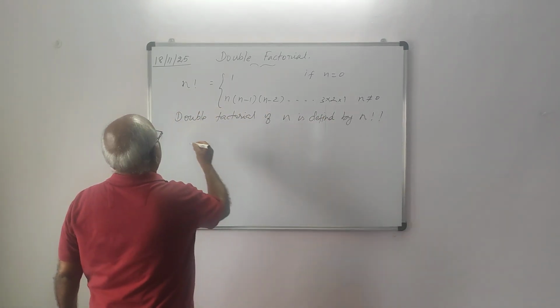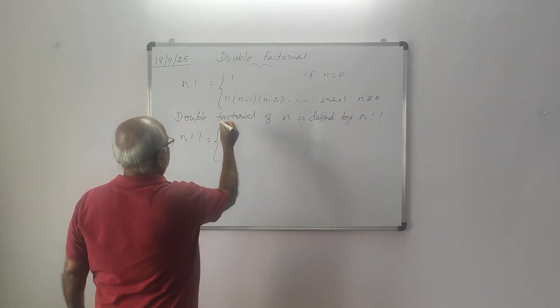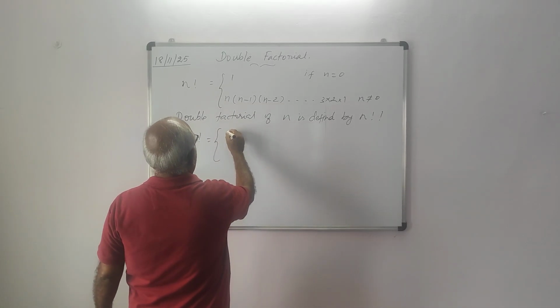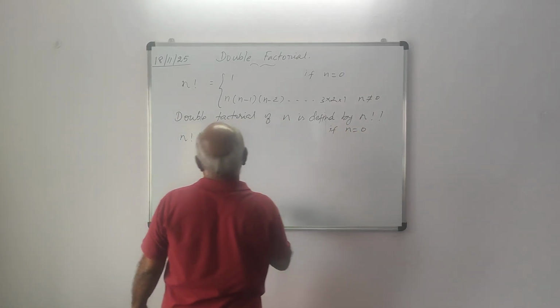That is, n double factorial is, in this case also you get 1 if n is equal to 0.